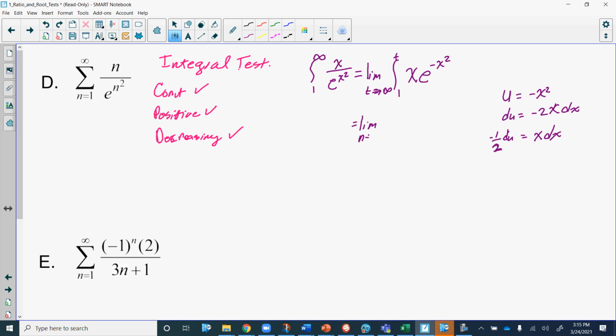Okay, so that is going to give me the limit as t approaches infinity of negative 1/2 times the integral from 1 to t of e to the u du. And I wanted that to be in the numerator just because it would be a little bit easier to integrate. So now when I integrate it, we still have the negative 1/2 constant, but the integration of e to the u is just e to the u.